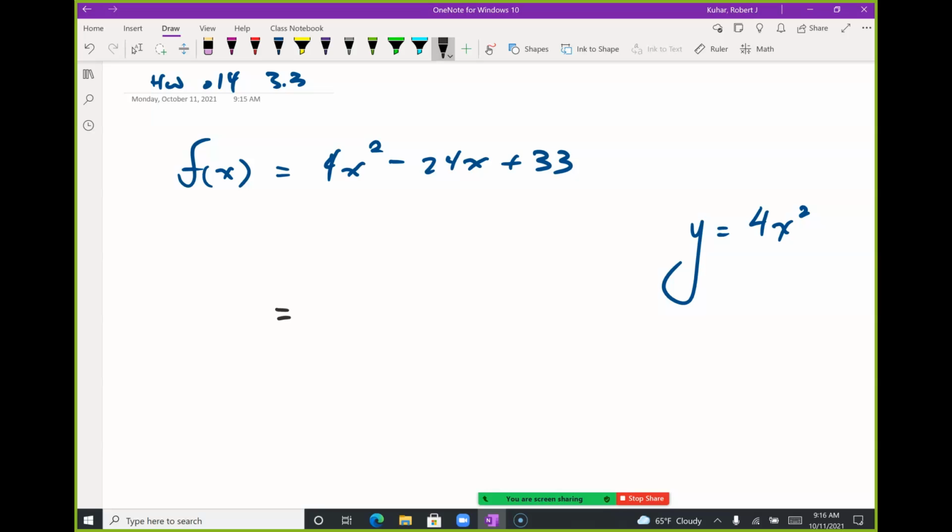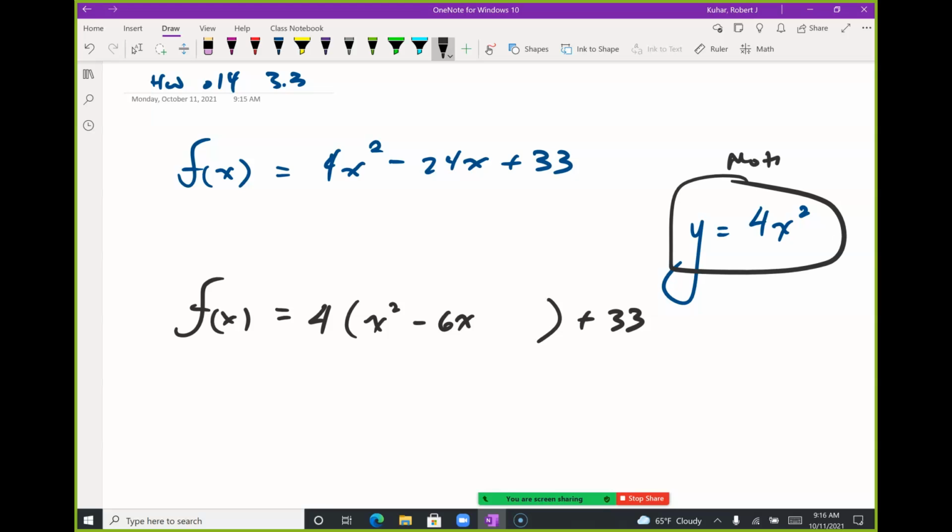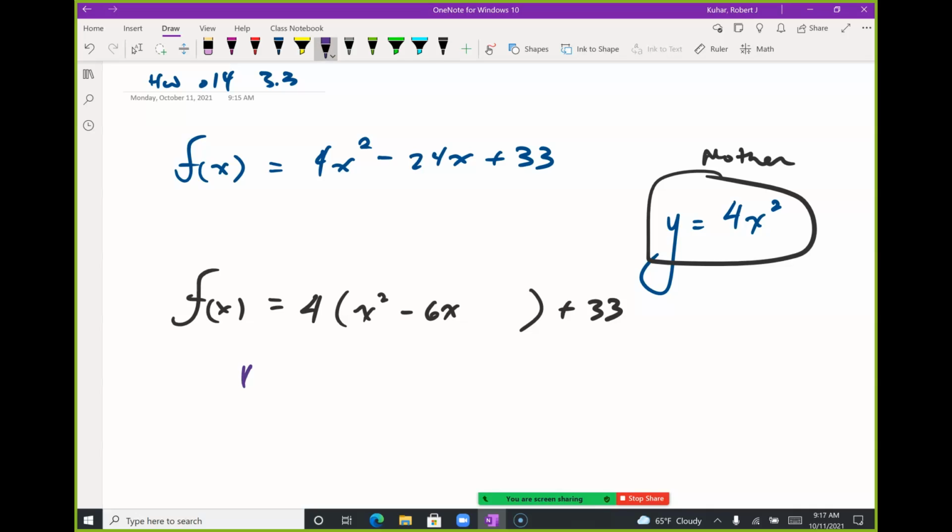So I'm going to start with factoring out the 4 from the first two terms. And every step I do, if I distribute that 4 back, I should get back to my original function, and I do. This is the mother. I want to find k. K is negative 6. I want to find half of k, that's negative 3, and I want to take half of k and square the heck out of it, and I get 9.